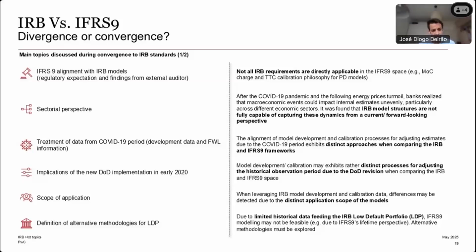In terms of scope of application, it's relevant to note that if one wants to consider the information of IRB and somehow do an adaptation to the IFRS 9 environment, bringing some efficiency on how the data is managed across the modeling landscape, one of the topics that needs to be taken into consideration is for sure that there are typically some differences on the scope of application of the IRB and what we see on the IFRS 9 side.